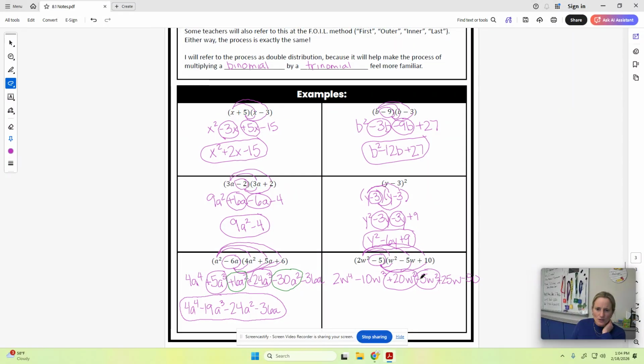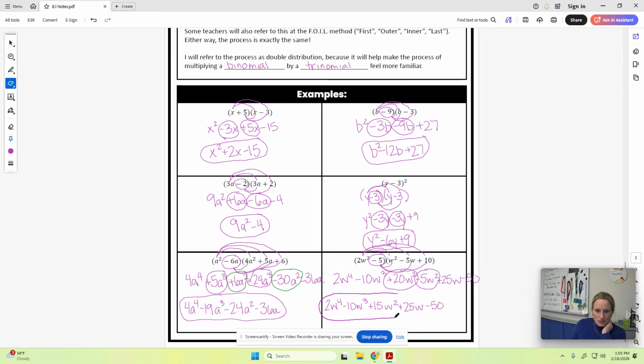So these are going to be the only two that we combine. So we're going to end up with 2w to the 4th minus 10w cubed. 20 minus 5 is 15w squared plus 25w minus 50 on the end. And that's our final answer.